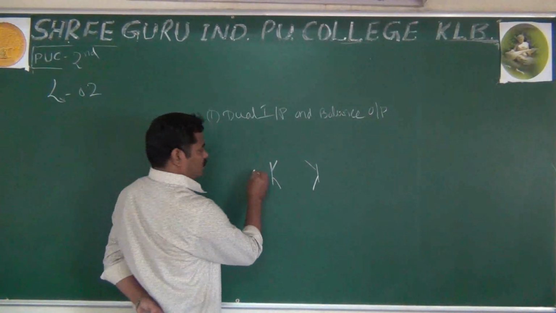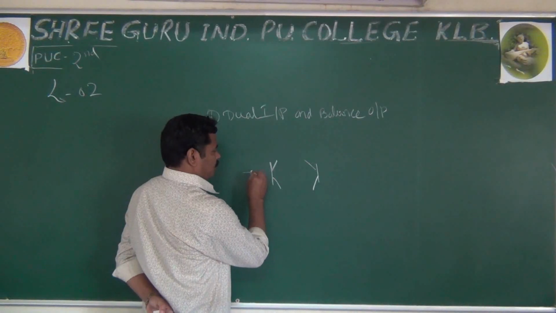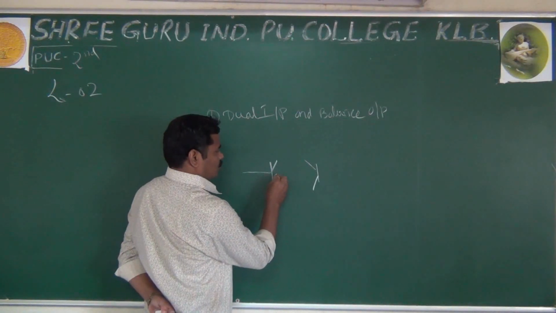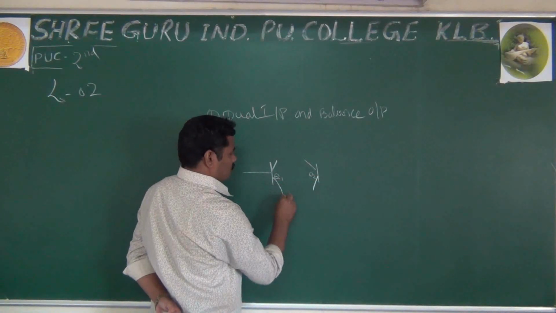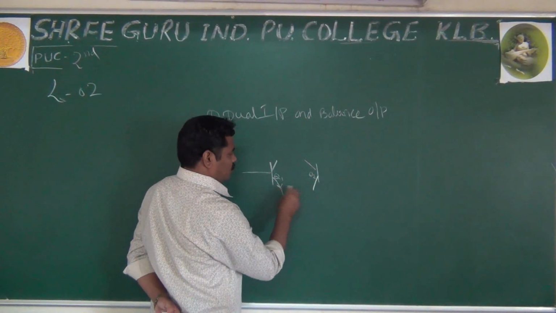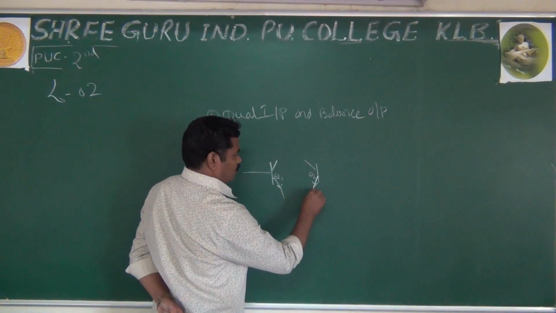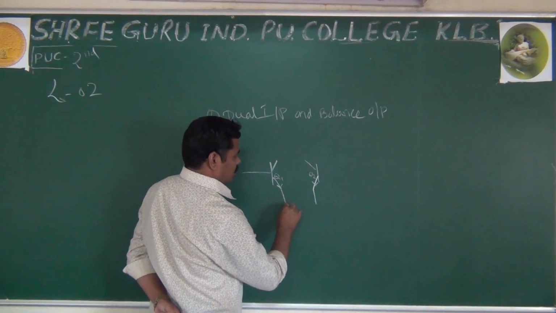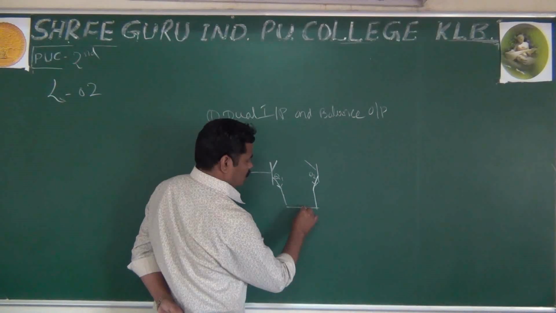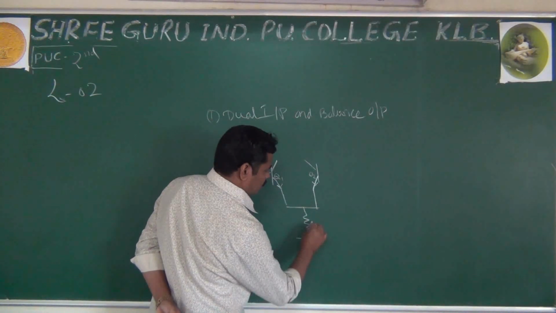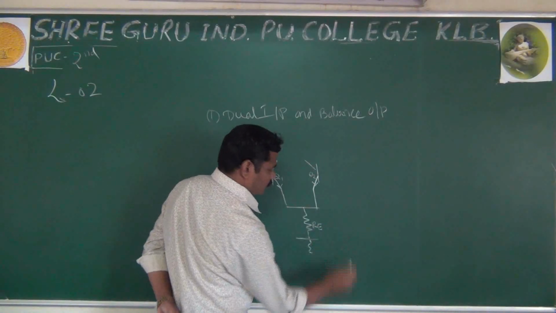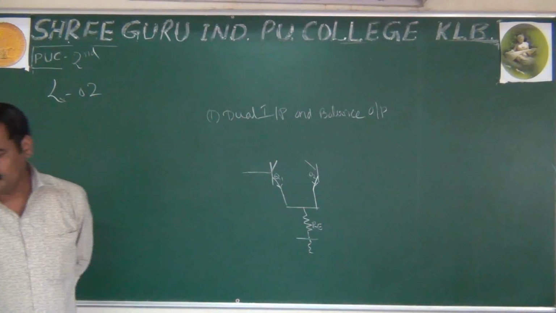Look here, as I said, you are using the same type of transistor, Q1 and Q2. And the important thing here is that both the emitters are connected together, and you apply the RE in common.